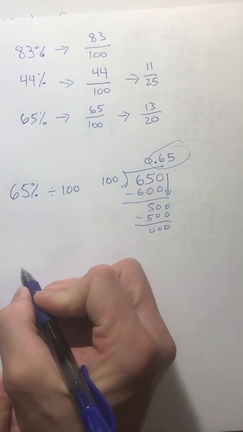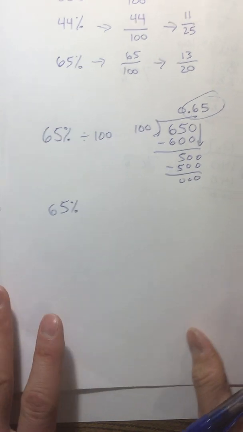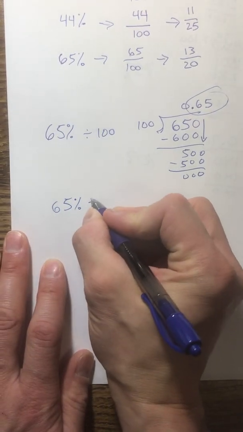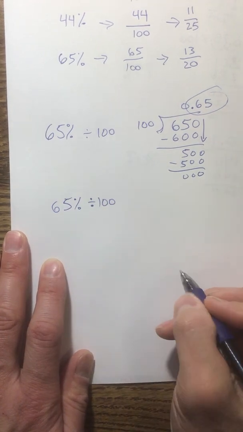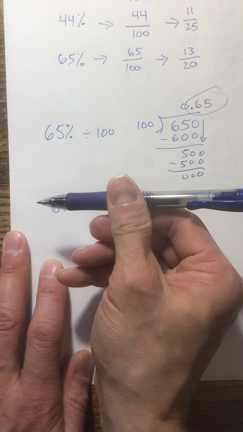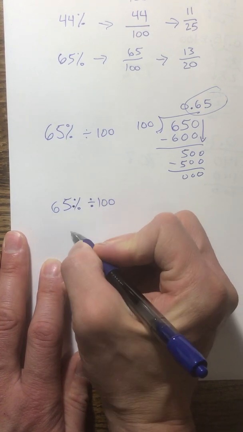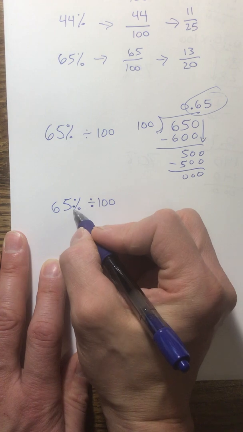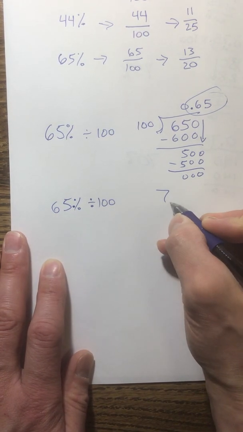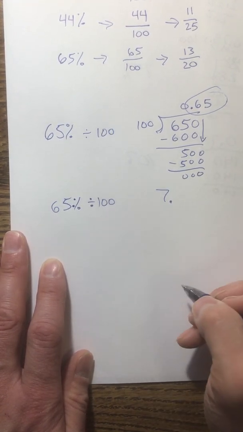But the other way we can do it is we can remember how we're moving our decimal point. Just like we moved it to the right to make it bigger, in this case, dividing something by 100 is making it smaller. And the decimal will move to the left to make it smaller. So again, you've got to imagine you have a decimal point to the right of the number. That's always there, no matter what number I give you. If I say 7, it's actually technically 7 point, 7.000, whatever you want to say.